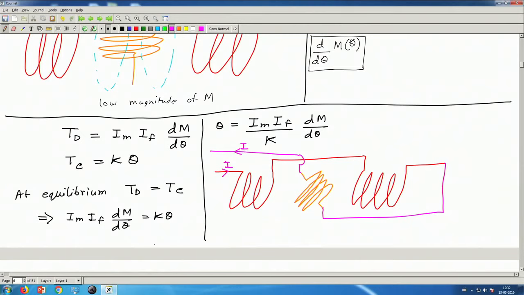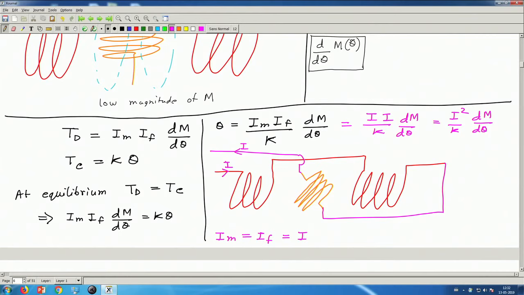So, basically I have Im is equal to If is equal to some current I, and therefore, we can write theta as, in place of Im If, I square divided by k dM d theta, which is I square by k dM d theta.